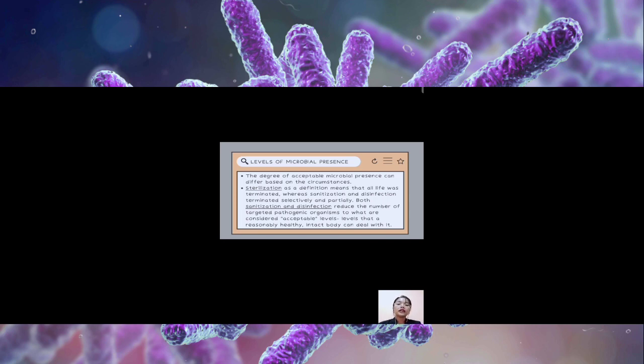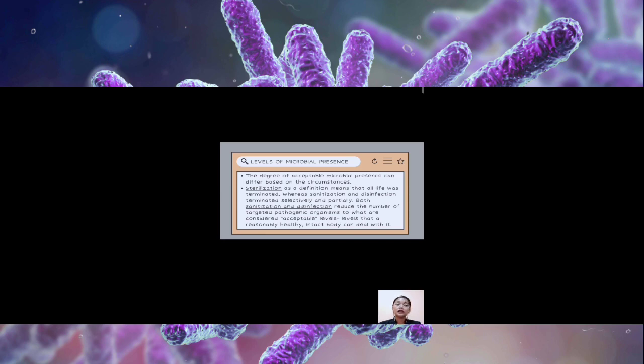The degree of acceptable microbial presence can differ based on the circumstances, and because there are so many instances where microbial presence is most likely to occur, that's why we have the types of microbial control, and each of them has its specific use, such as sterilization.